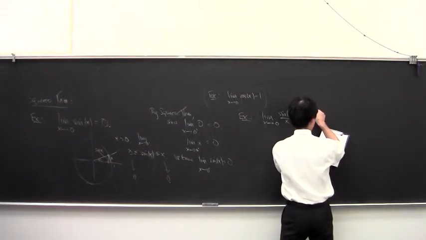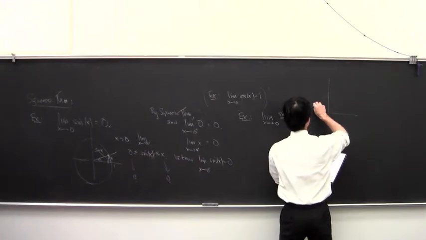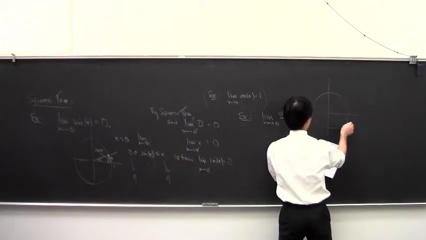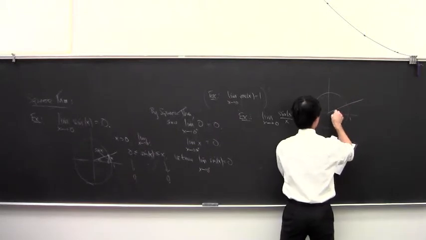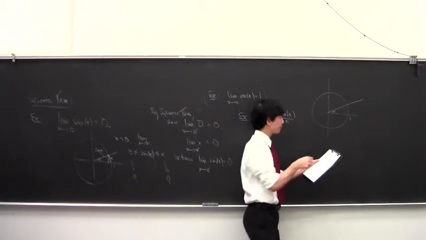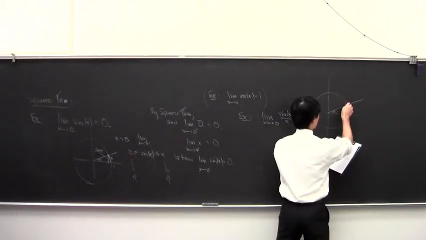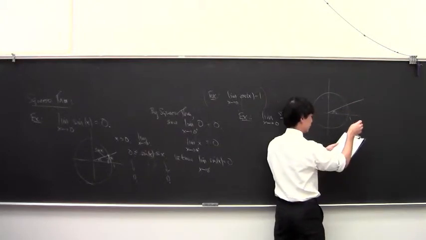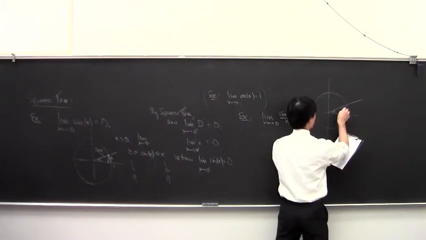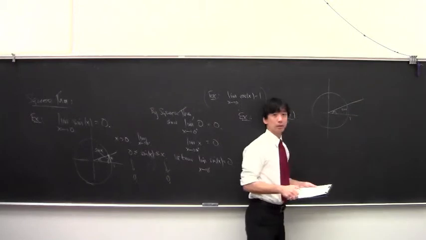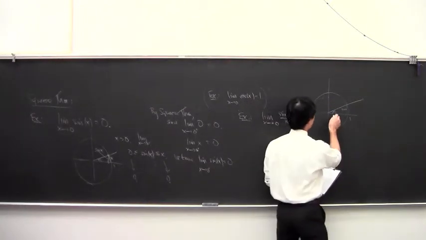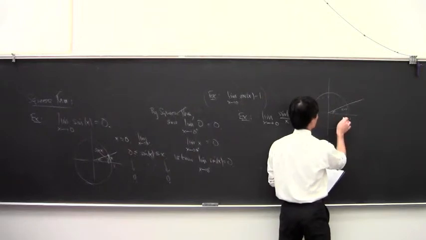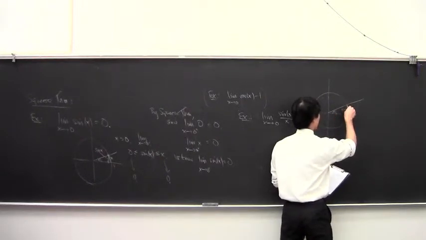Let's do it like this. Here again, let's use the unit circle, and let's draw an angle x here. Sine x we saw before. Sine x is that height. This length here, well, x is here.